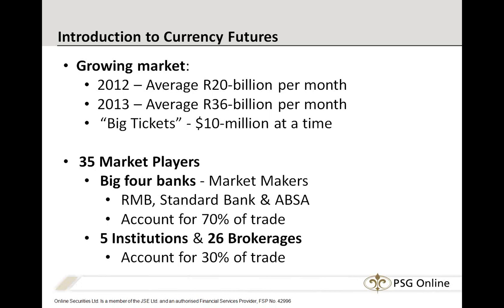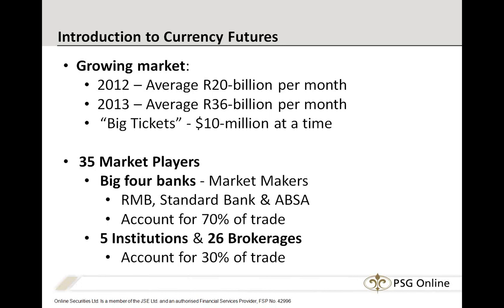And then obviously there are the five institutions, be it the Sanlams and the insurance companies and pension funds and those kind of guys. But also interesting to note there are 26 different broking firms offering currency futures to their clients. But still it's only 30% of the market. But it's growing, and obviously the more people learn about the product, the better.